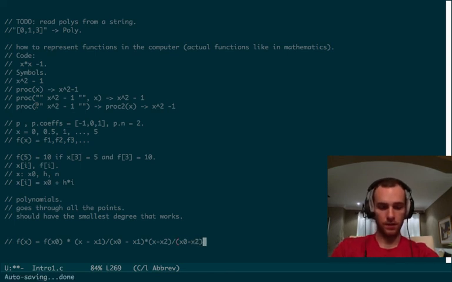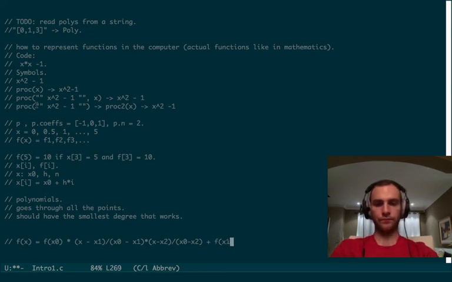The same thing for x2. And then you can just add a similar term for this, like that. x minus, and it would be x0 over x1 minus x0.